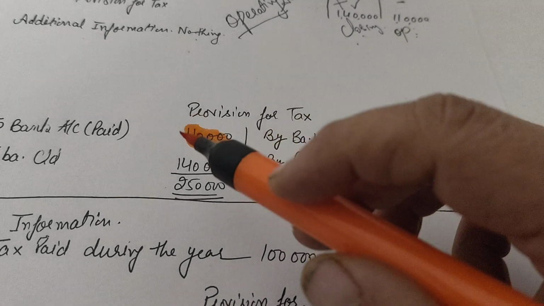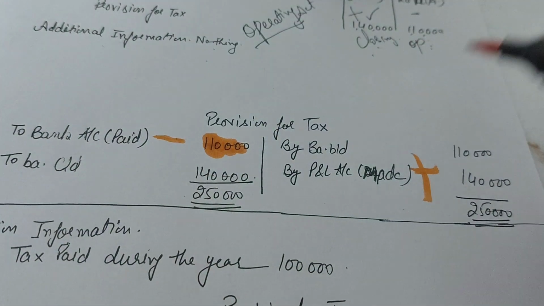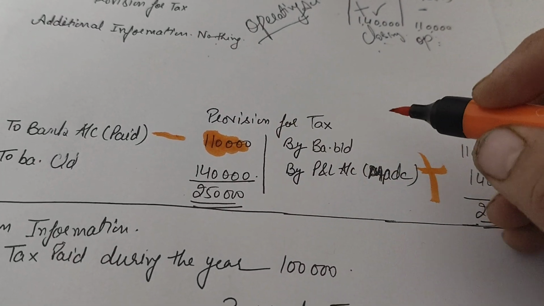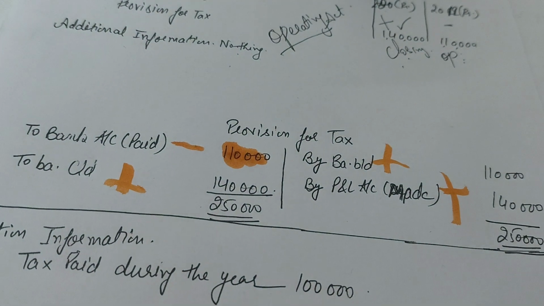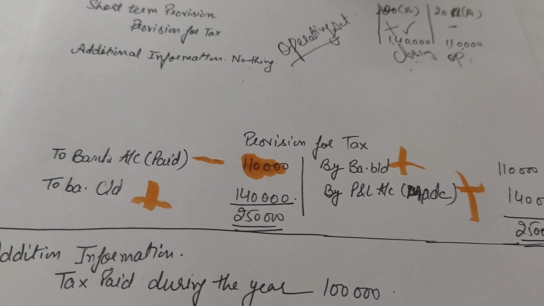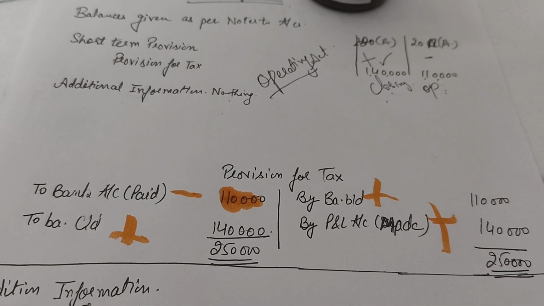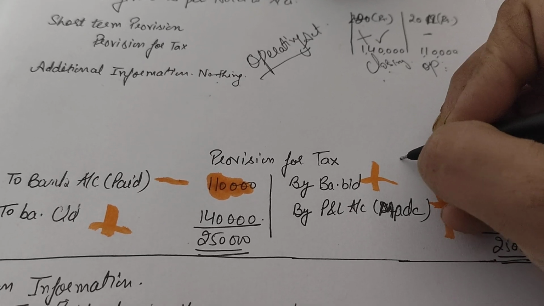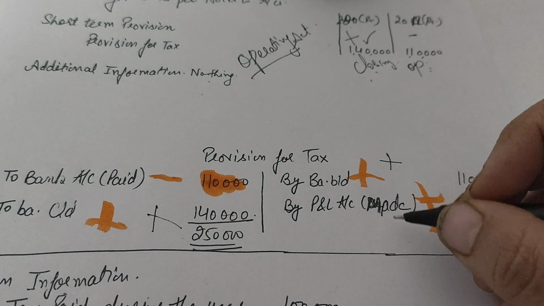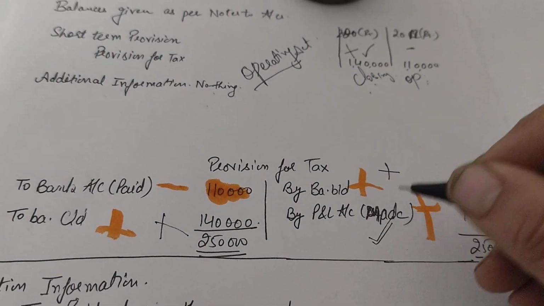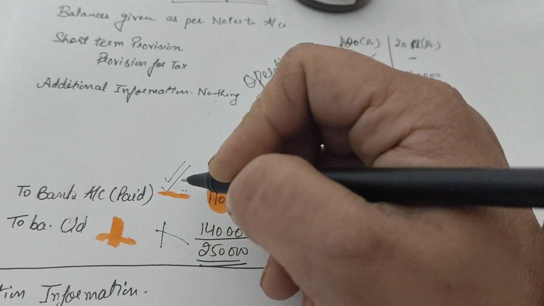Operating activities, and this paid value would be deducted from your operating activities, and we will not consider the brought down and carried down. That I have already told you in the last video regarding your asset account also, that the carried down and brought down balances we are not going to consider in any way. Only the balances of P&L and the bank are considered for the preparation of the cash flow statement.